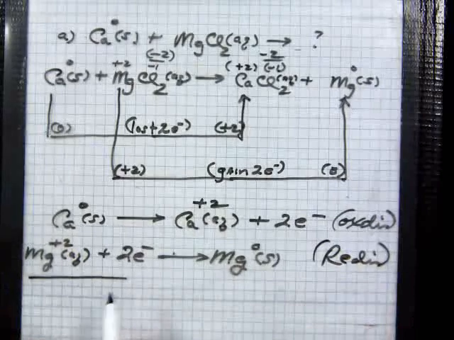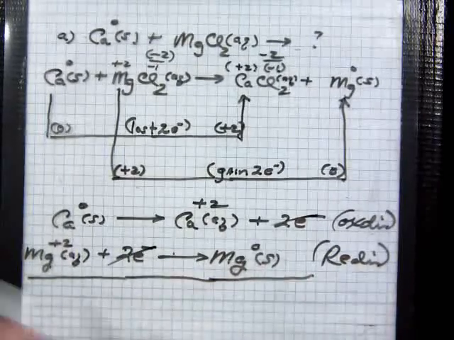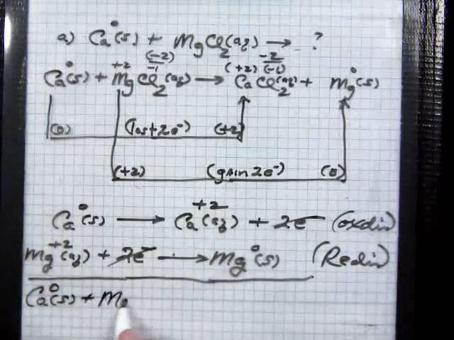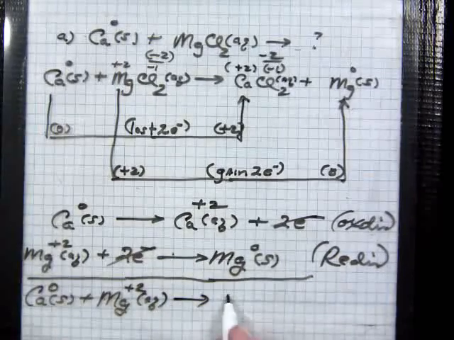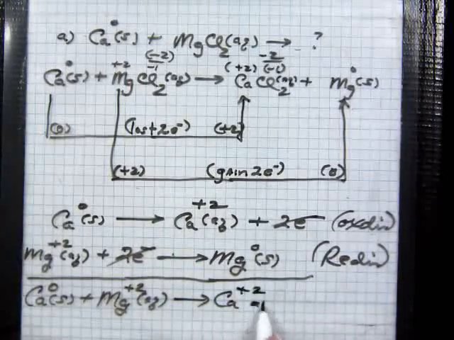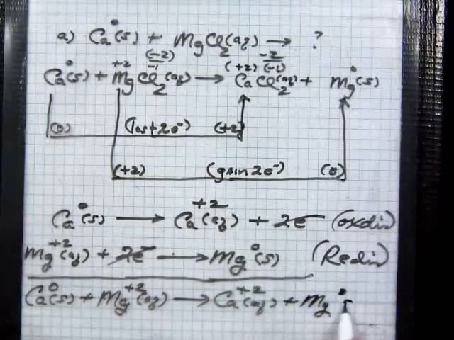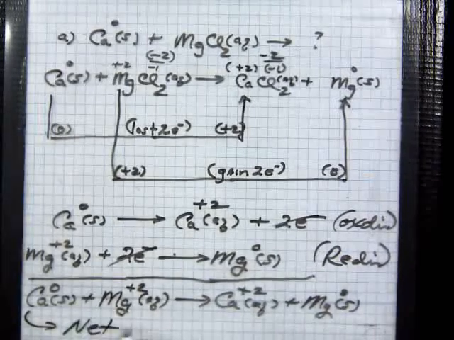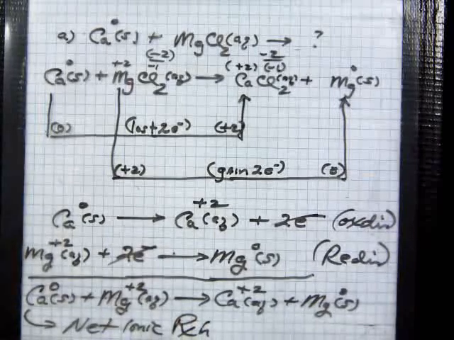And you can add those two together because of the charge balance. Cancel those out, and you have calcium plus magnesium plus 2 aqueous goes to calcium plus 2 aqueous plus magnesium solid. And that's called the net ionic reaction, or the net ionic equation.